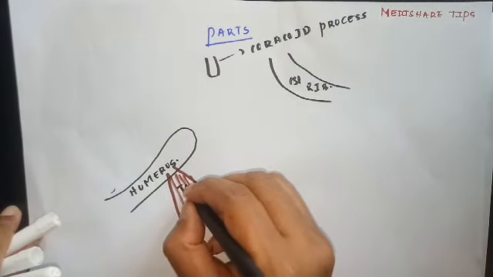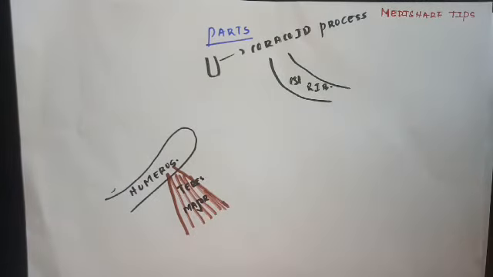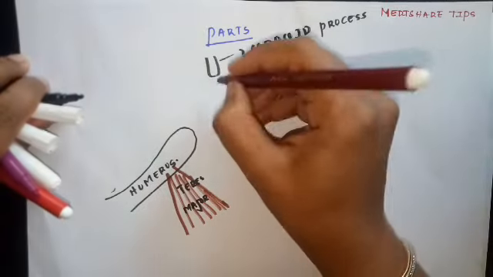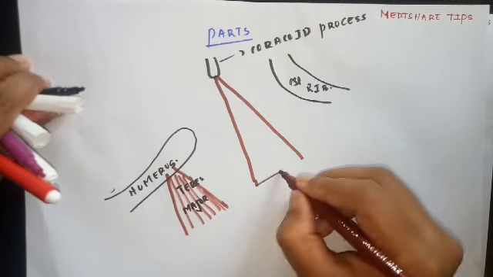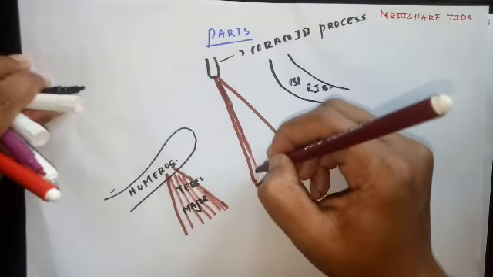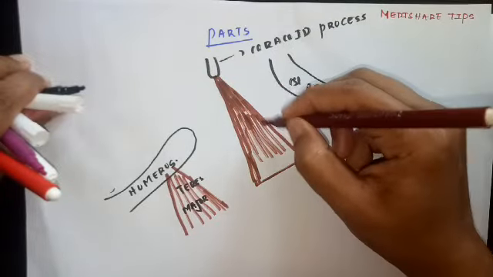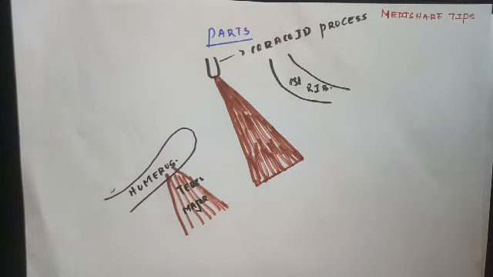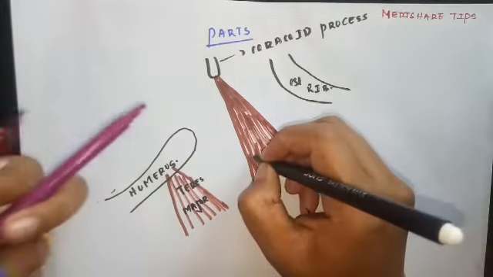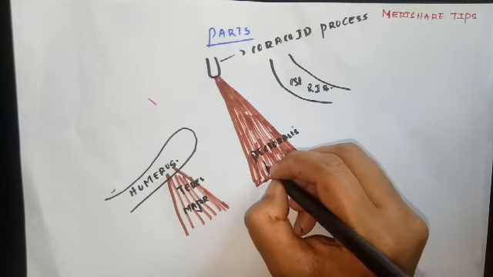And there is another important muscle present here. This muscle is the pectoralis minor muscle.